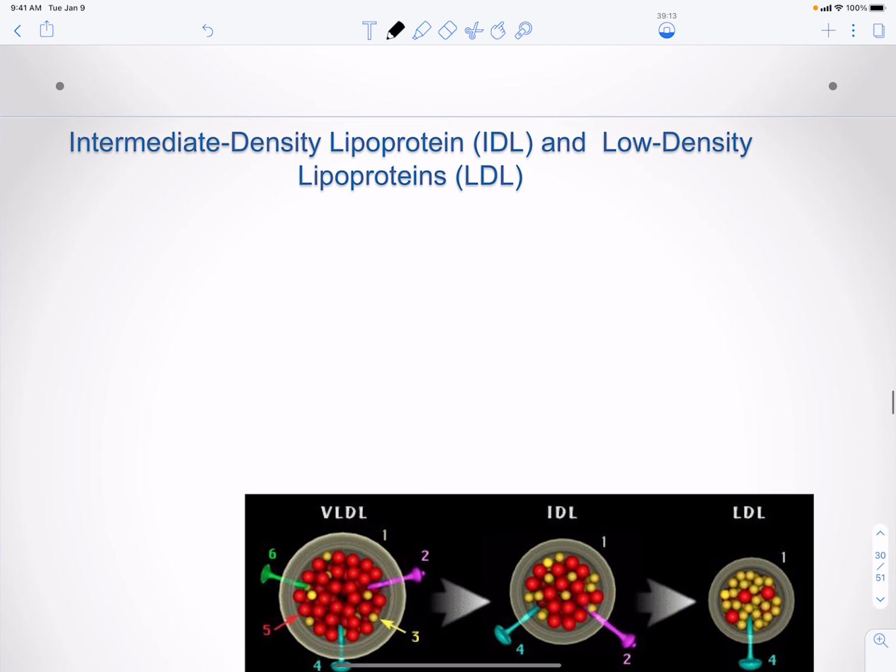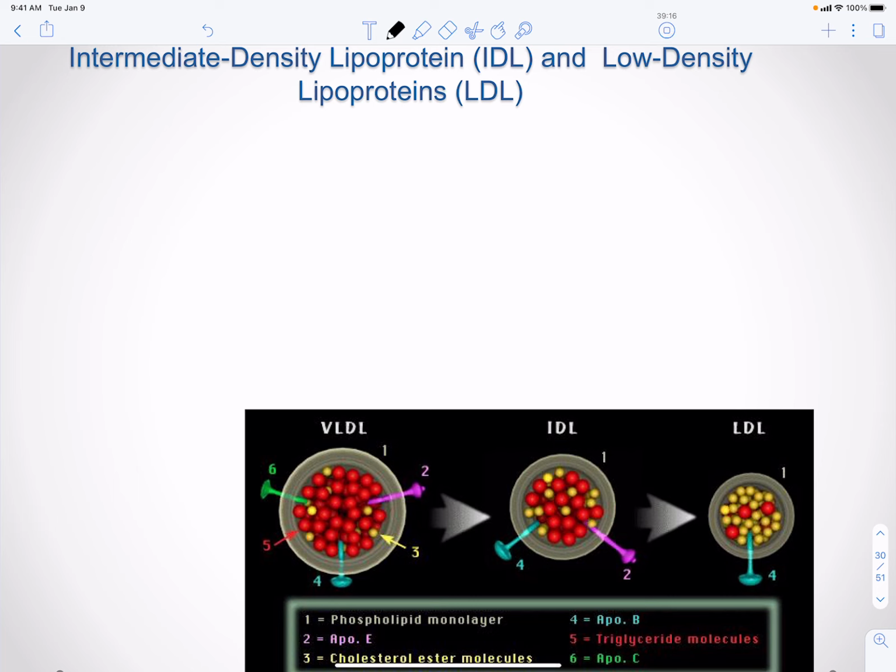Okay, so let's just talk a little bit about intermediate density lipoproteins, IDLs, and our LDLs. About 50% of these remnants of our very low density lipoproteins are not removed from the blood by the liver.